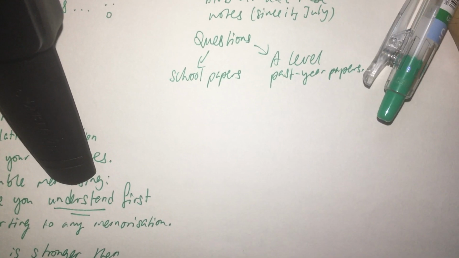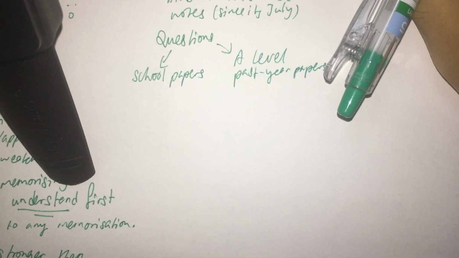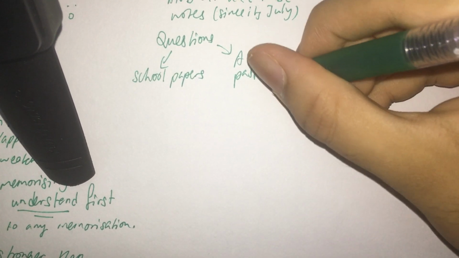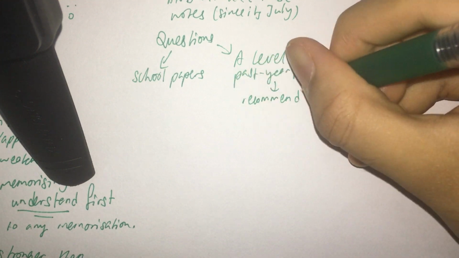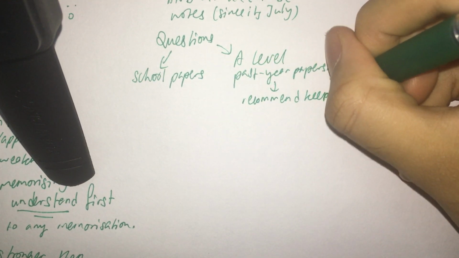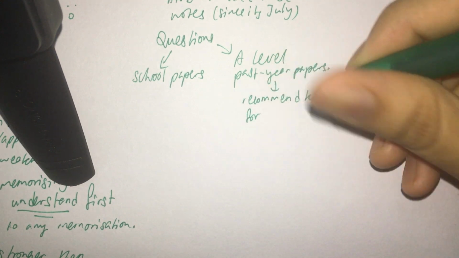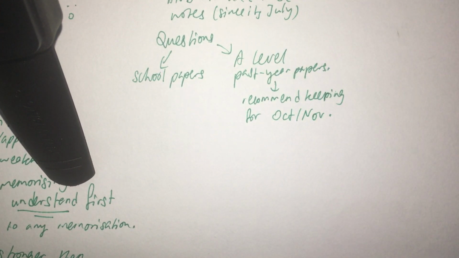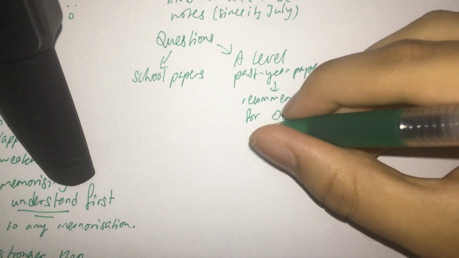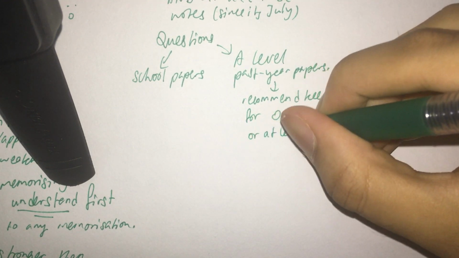So it would be wise to keep them for A-level itself instead of using them at the beginning, especially if you're the kind who doesn't like redoing the same questions twice. Yeah, like I don't really understand how some people can do the same question many times. So I need to do different questions every time, or at least questions from different sources every time.